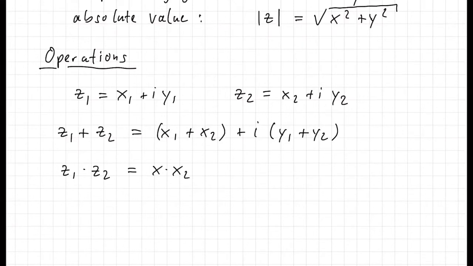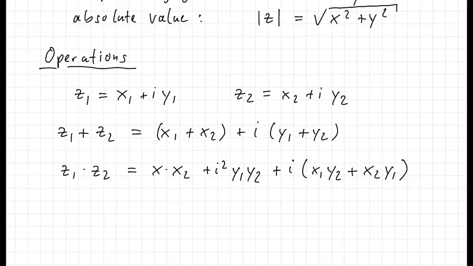Then we have also i y1 times i y2, so that gives us a plus i squared y1 y2. And then we have the cross terms, and those we collect as i times (x1 y2 plus x2 y1).